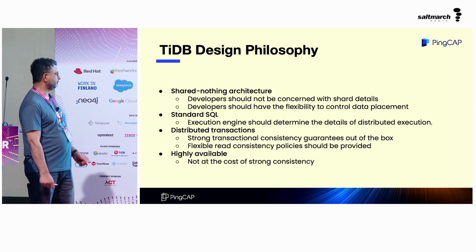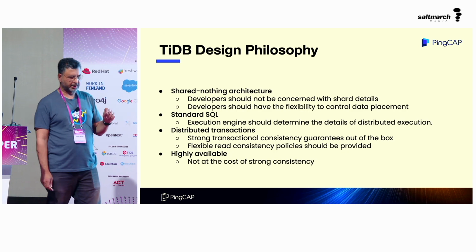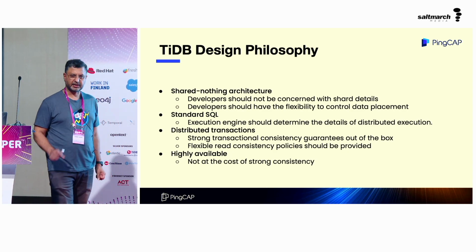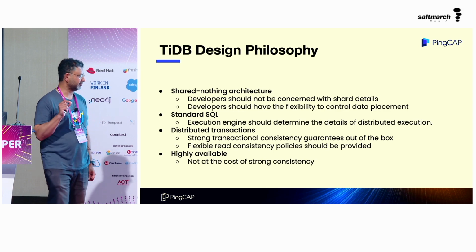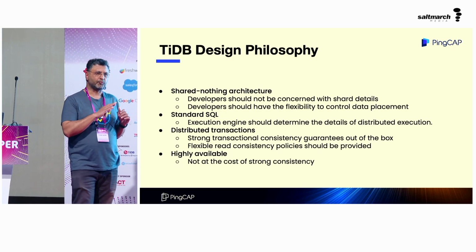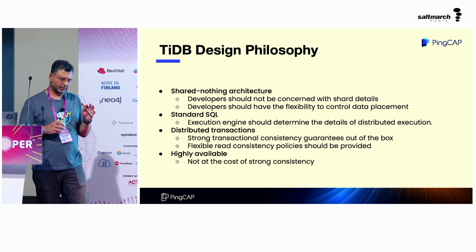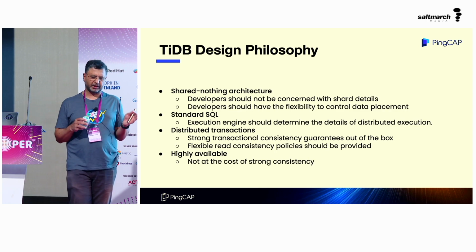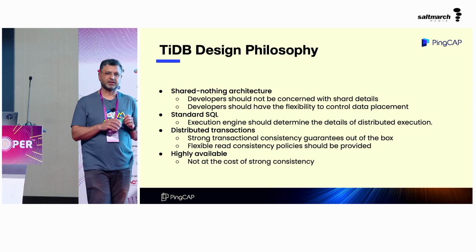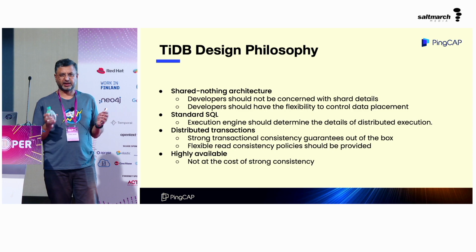Distributed transactions, and the key point here is we would like to support strong consistency guarantees out of the box. This makes application developers' lives easier. During the phase when data was growing very fast, 2008 to 2015, there was a fashion of weakening the consistency, and that's where all these key value stores became very popular.